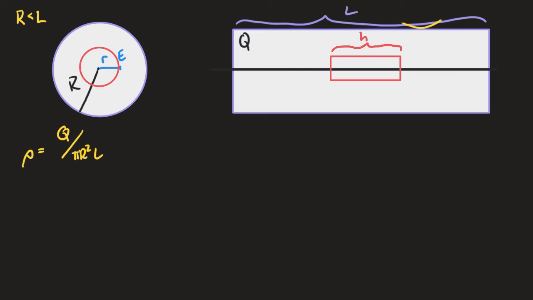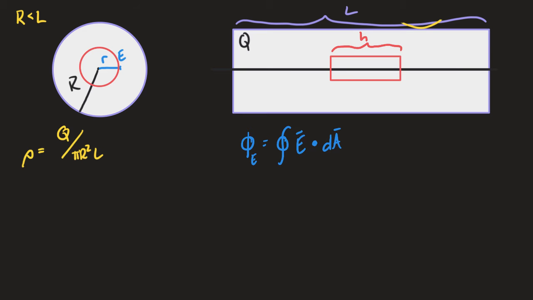Let's start with building our expression for the flux. The electric flux has two parts: the area and the electric field, and then the comparison between the electric field direction and the area's direction.